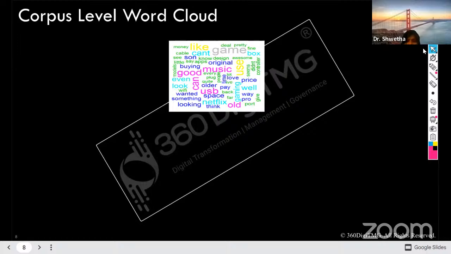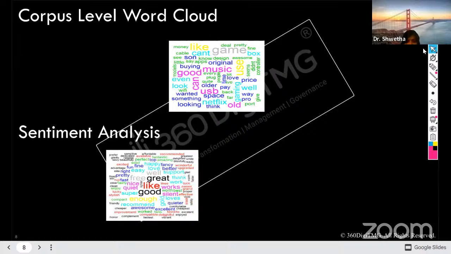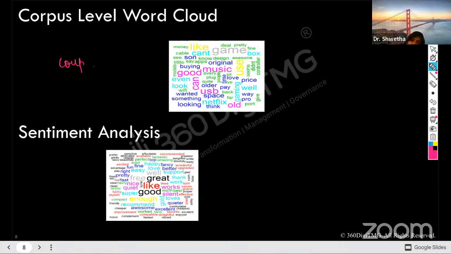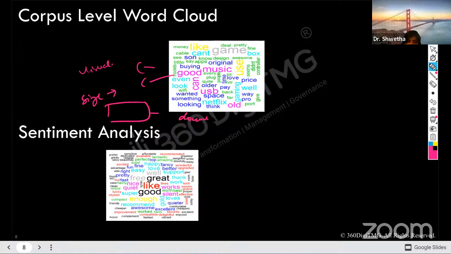Next, we can build word clouds. Taking the whole corpus, we can build a word cloud so that we can analyze the data. This word cloud is a visual representation wherein the size of the words determines how frequently the words were repeated in the documents or in the corpus.